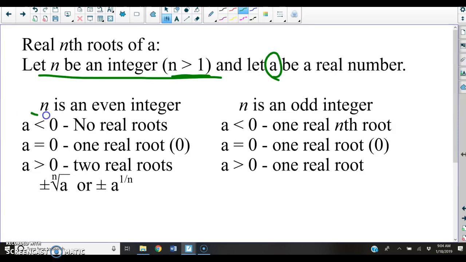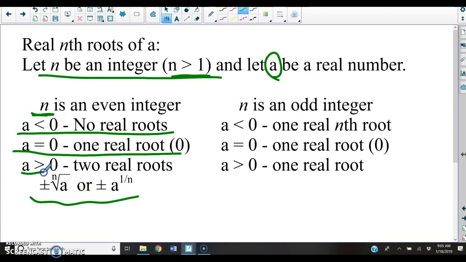Okay, so if n is an even integer, realize there are no real roots of negatives. There's one real root of 0, it's 0. And if a is positive, you're taking the nth root of some positive number, the square root, the 4th root, it's going to have 2 roots, the positive and the negative.